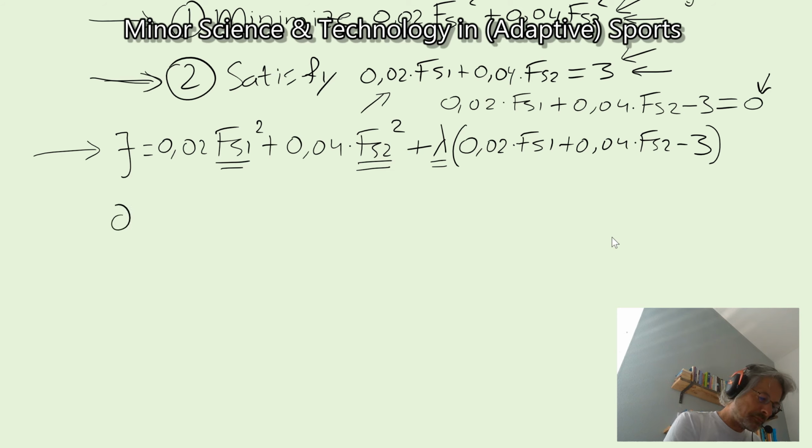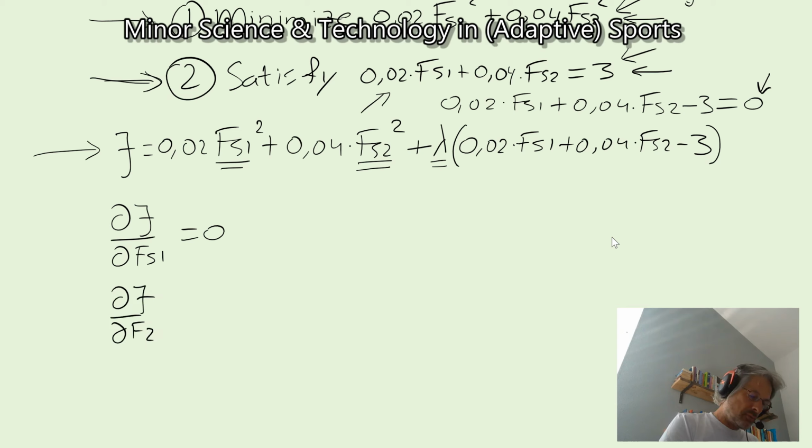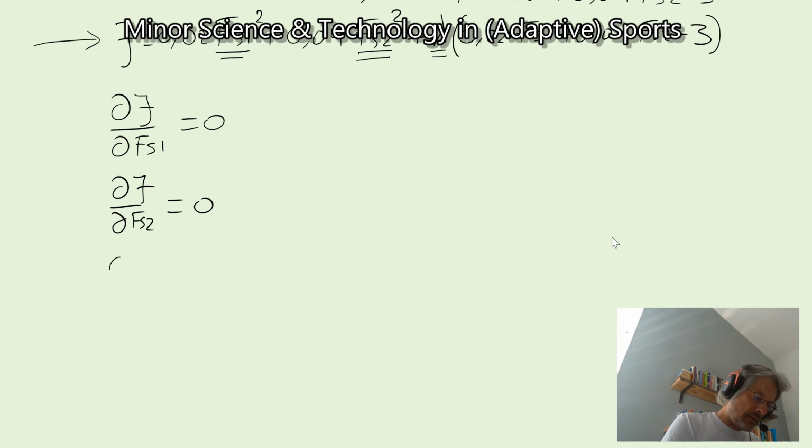So we have dou J dou Fs1, and that should be equal to 0. And we have dou J dou Fs2, that should also be equal to 0. And we have dou J dou lambda. And that must also be 0.